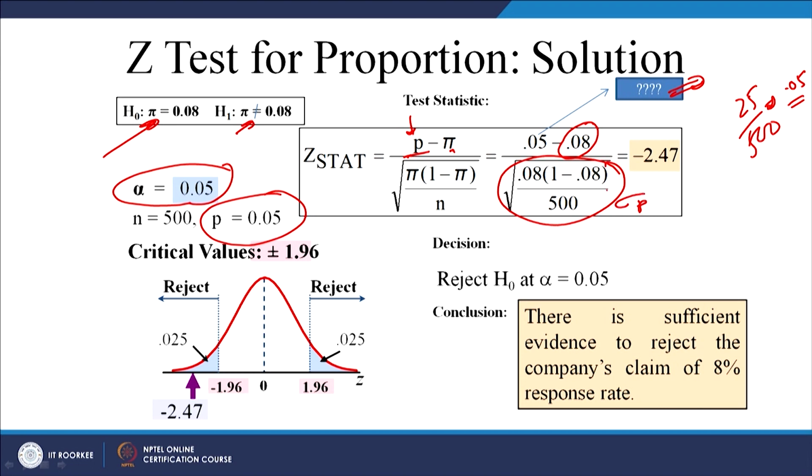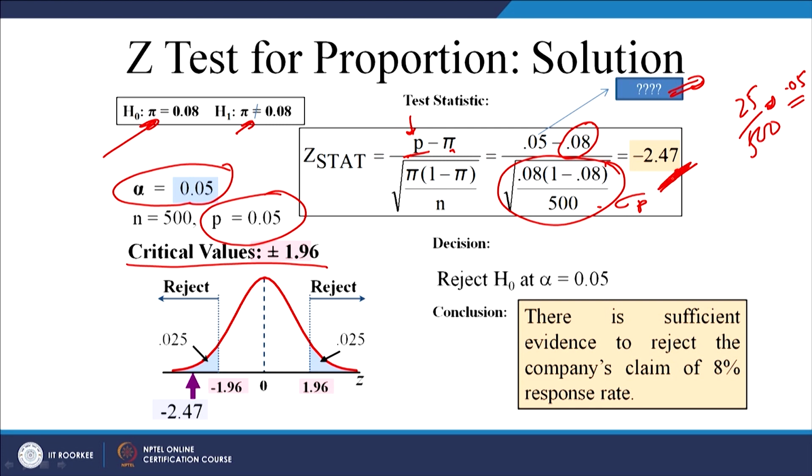So, you should calculate the z statistic as minus 2.47, and of course, your critical values are 1.96, plus and minus.